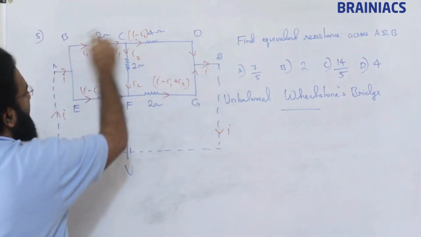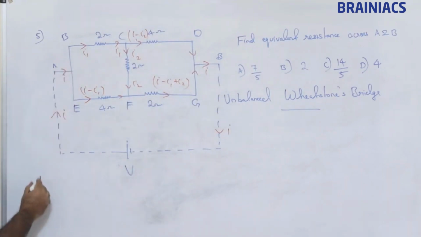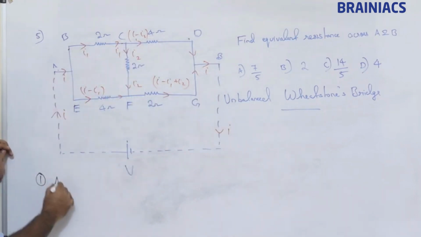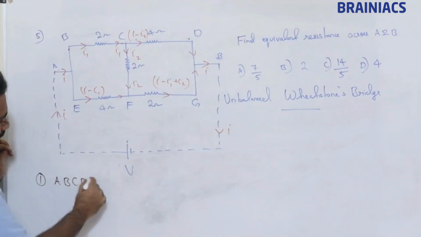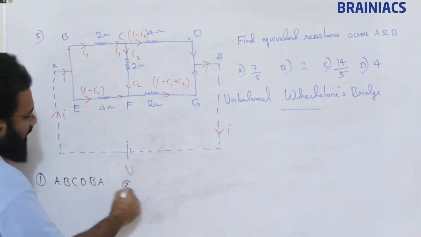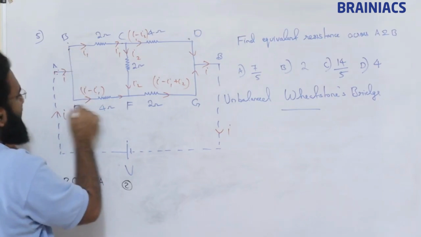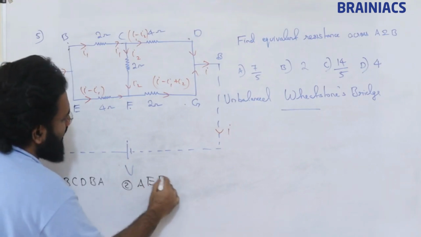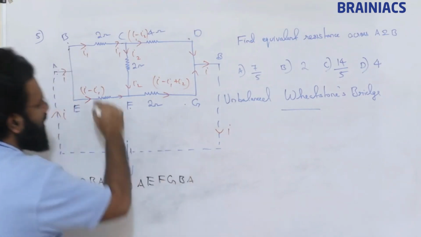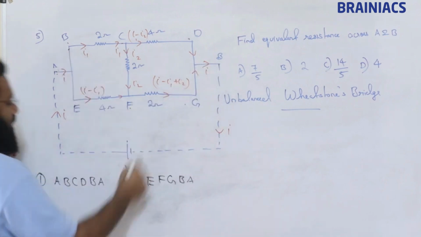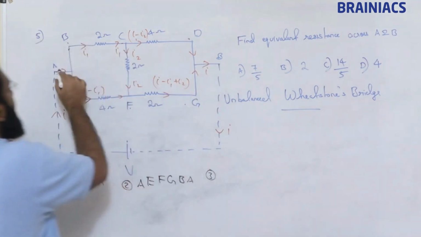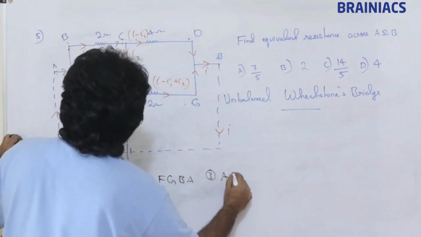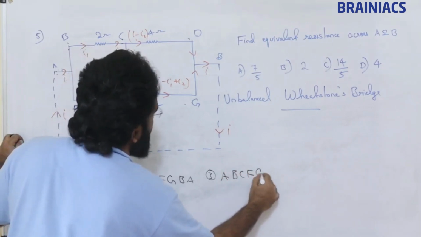One loop is A, B, C, D, B, A. Another loop is A, B, A, E, F, G, B, A. Likewise, a third possibility is A, B, C, F, G, B, A.